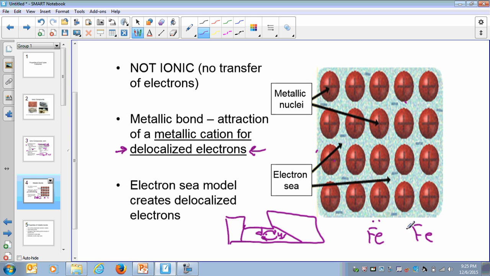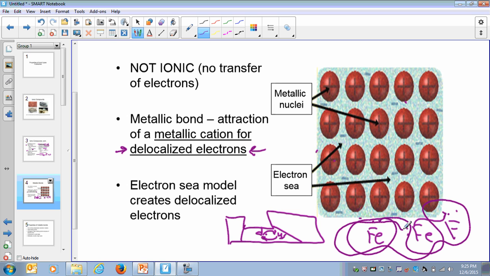These electrons will move down to this iron, or these electrons will then slip into the other iron. So we call them delocalized. Since they're continuously slipping around, they can conduct electricity. Whenever anything needs to conduct electricity, it needs those free moving electrons, or we call them delocalized electrons.